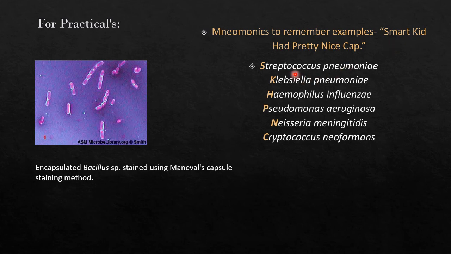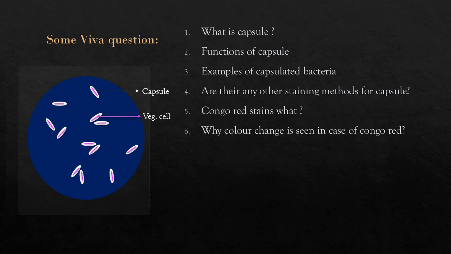S stands for Streptococcus pneumoniae, K for Klebsiella pneumoniae, H for Haemophilus influenzae, P for Pseudomonas aeruginosa, N for Neisseria meningitidis, and C for Cryptococcus neoformans. These are some examples of capsulated strains. That was for practicals.